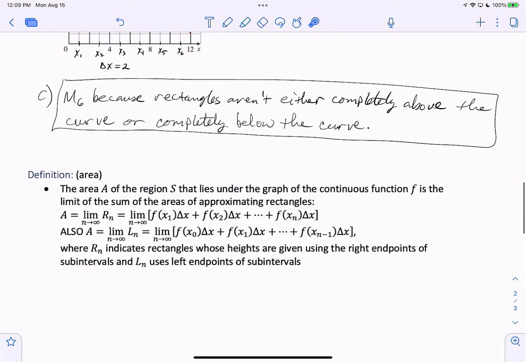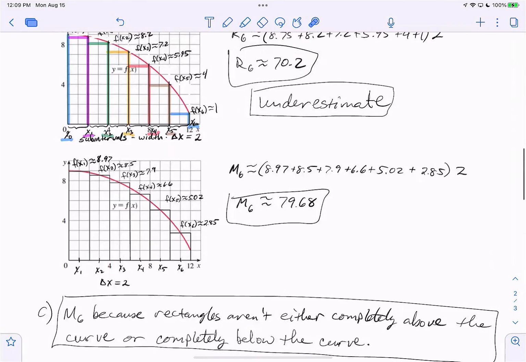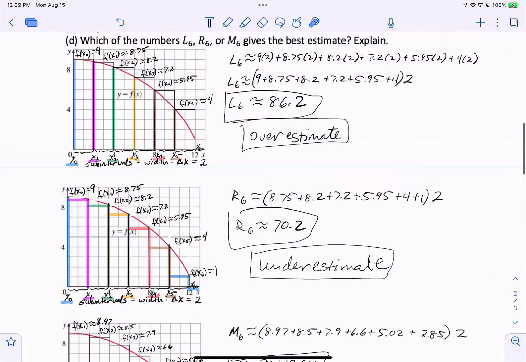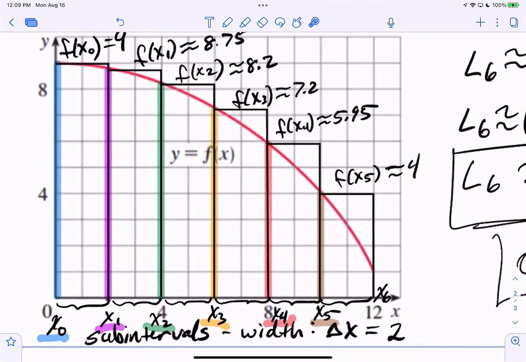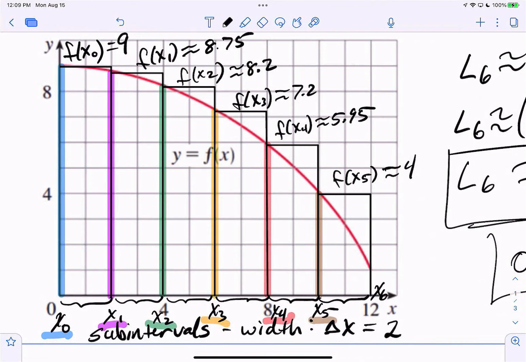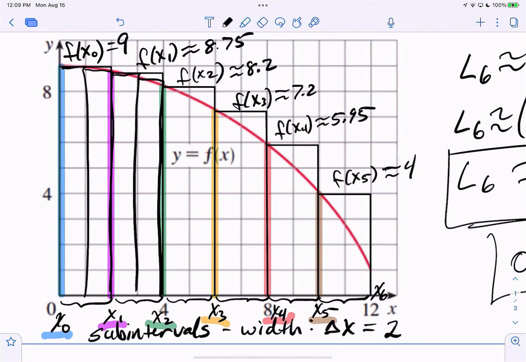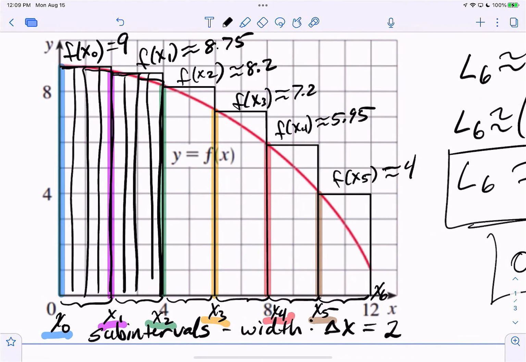And here what it's saying is the limit as n goes to infinity. Look, these rectangles for L sub 6, say, were all too big. But suppose that I made rectangles that were half as wide. Then they're still all too big, but they're less too big. Or suppose we used, instead of 12 rectangles, 24 rectangles, or 36.